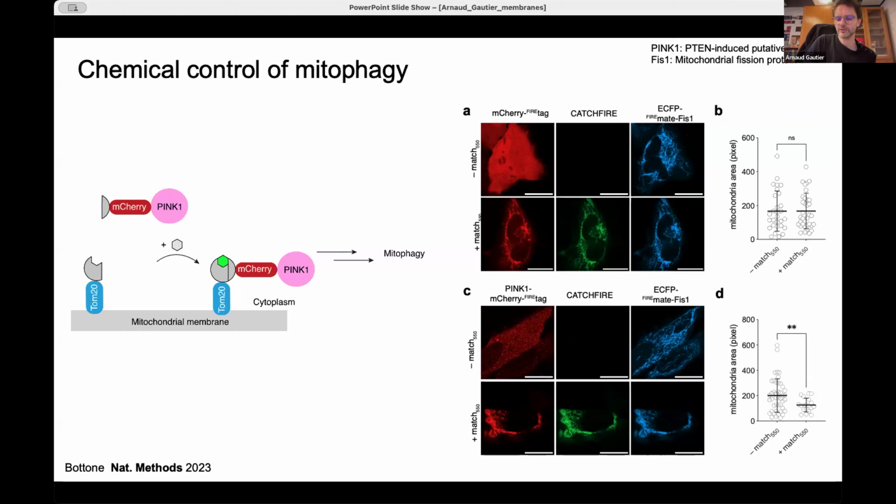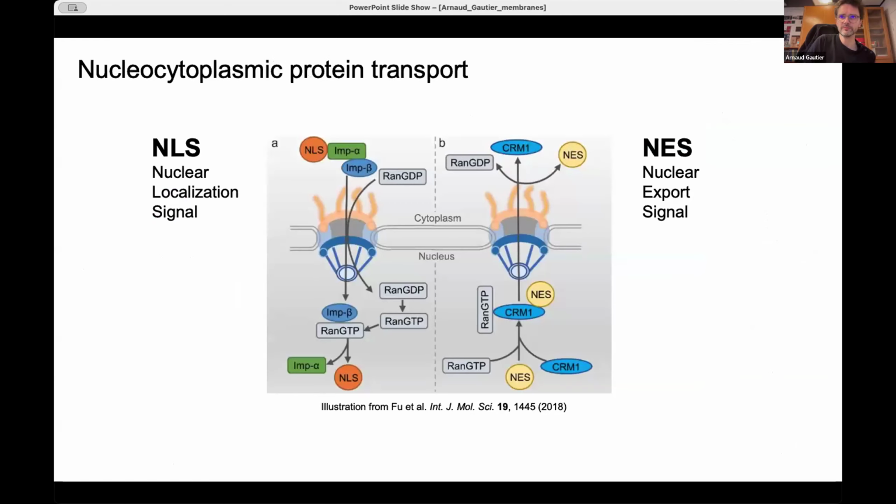So then we wanted to go further and see that we could also control protein transport. And we first decided to demonstrate that we could use catch fire to control nucleocytoplasmic protein transport.